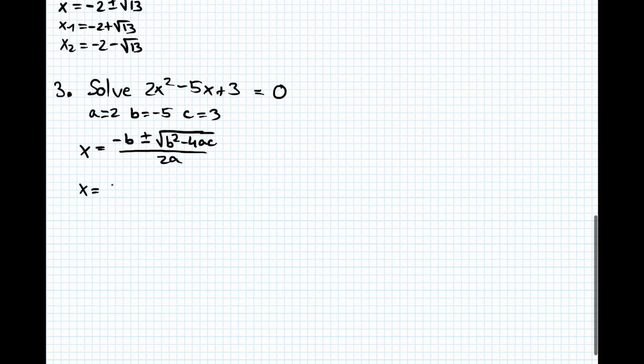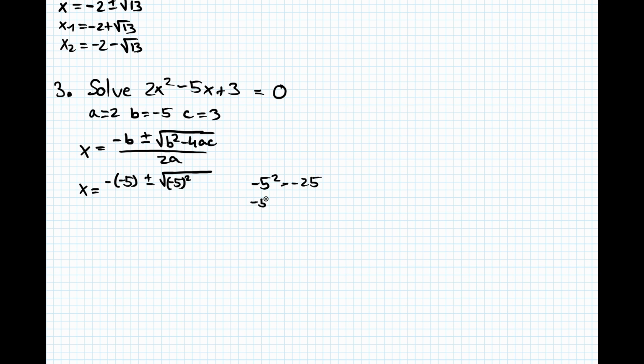Our x is equal to minus negative 5 plus minus square root of negative 5, and now this is in parentheses, all squared. So don't write negative 5 squared, because that would be negative 25.